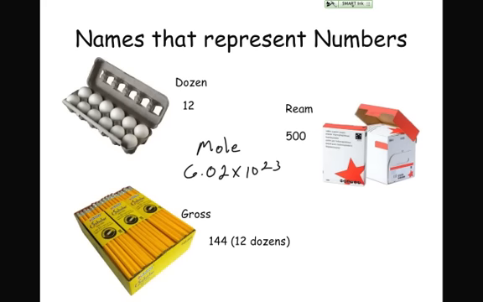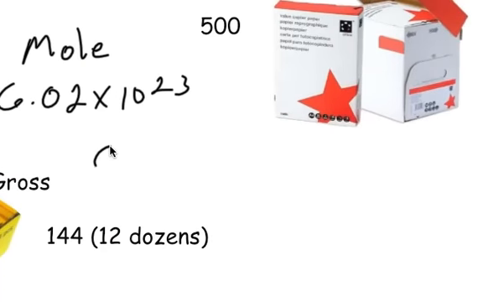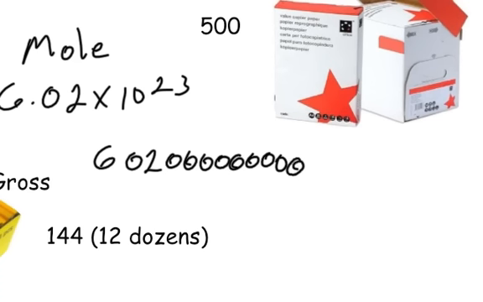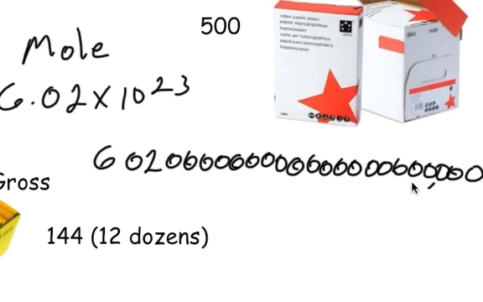It's a really, really big number. If you wrote that number out, you would get 602, and then 21 total zeros. And then we put our commas in here. We'd have a comma here, here, here, here, here, here, and here.